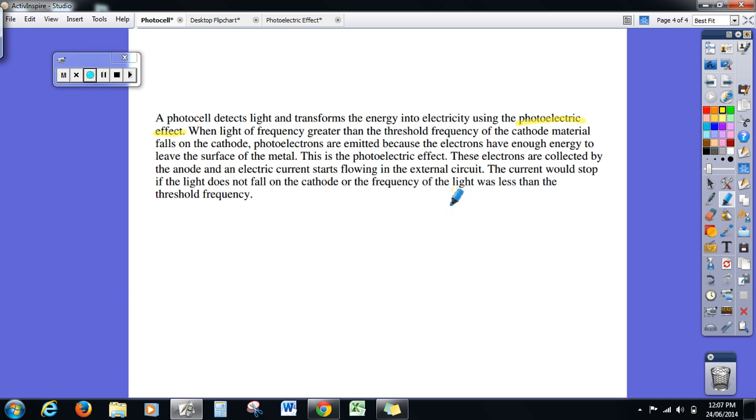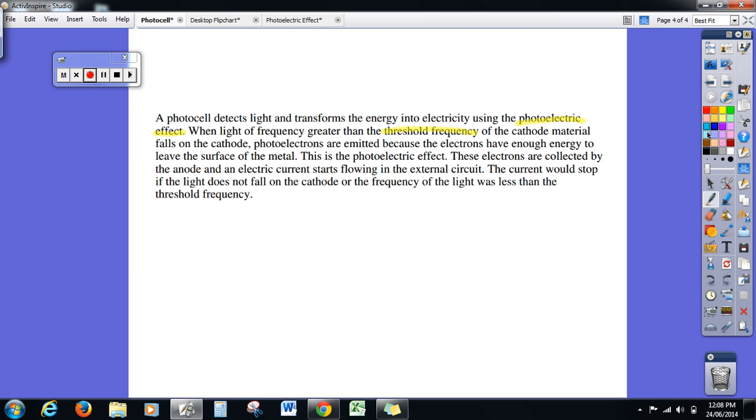You also then had to identify the terms of the photoelectric effect being threshold frequency, and though it doesn't mention here the work function, I would suggest that the work function also needs to be mentioned. So when the frequency of light is greater than the threshold frequency, the cathode material emits photoelectrons, because the electrons have enough energy to leave the surface of the metal. In other words, the energy they're coming in with exceeds the work function.